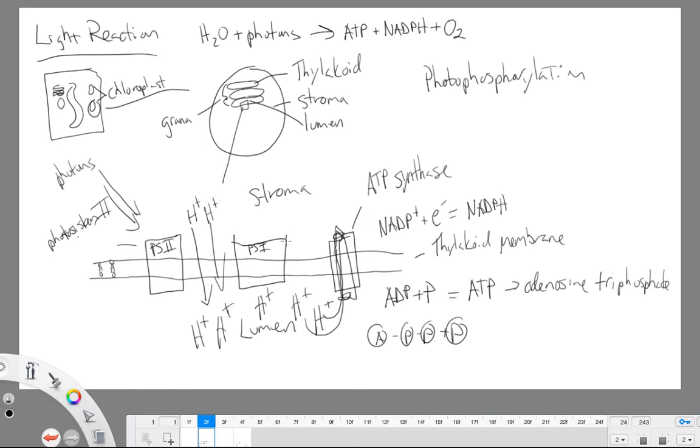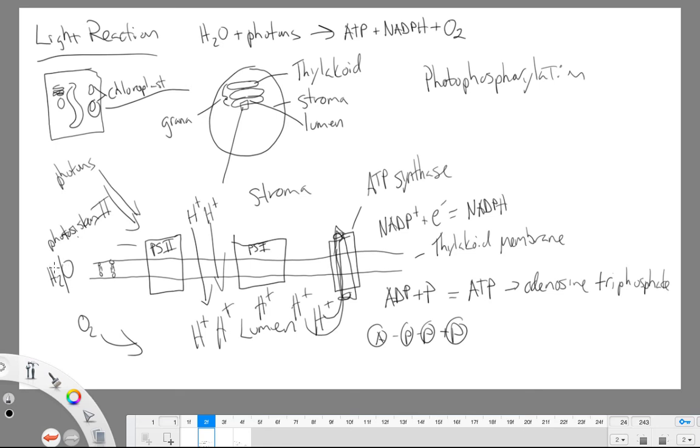Well, what happens now is that electron is gone. So we need a replacement for that electron all the way back at the beginning here for that chlorophyll. And that replacement comes from water. So you have your water molecule here, and it gets split up, and the oxygen gets released as that byproduct.